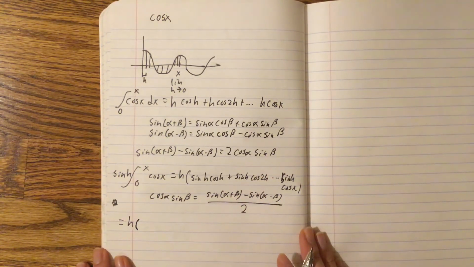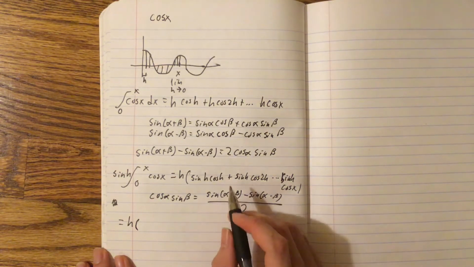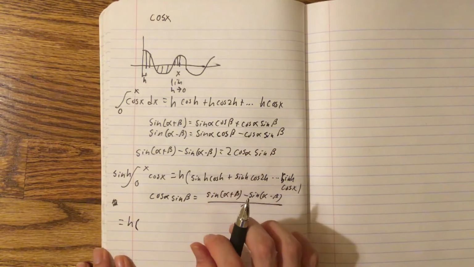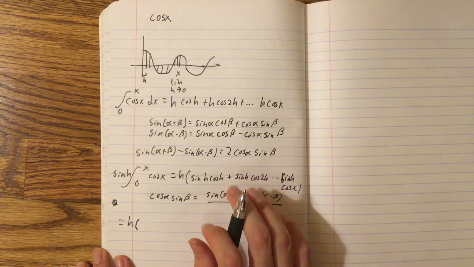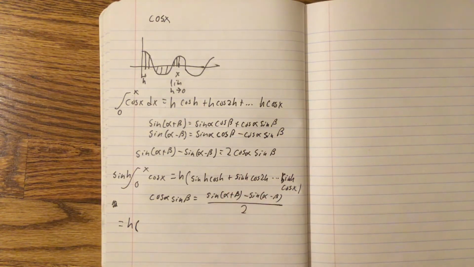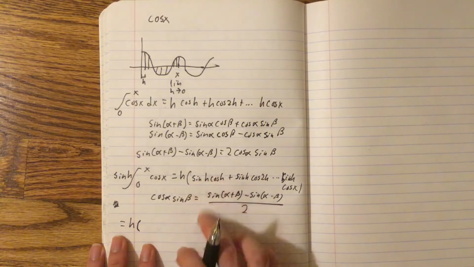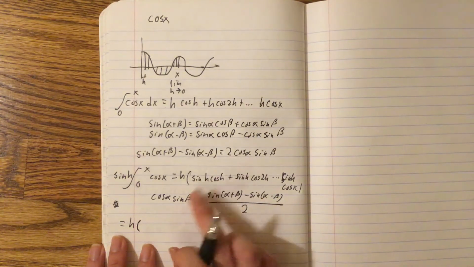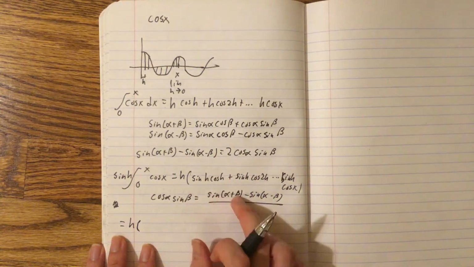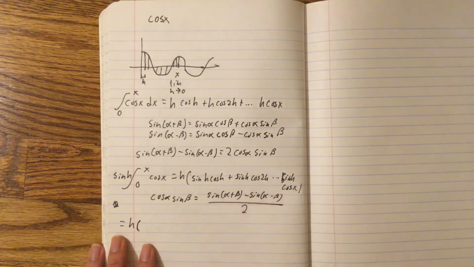Let's consider this term. So alpha would equal h, beta would equal h. So this would be sine 2h minus sine 0 over 2.